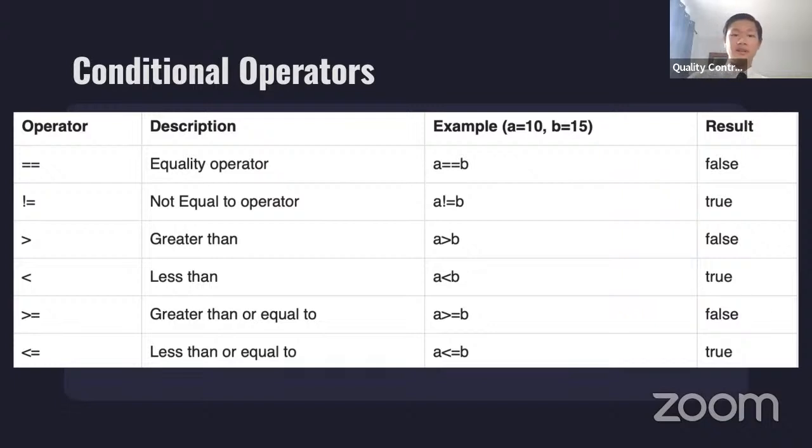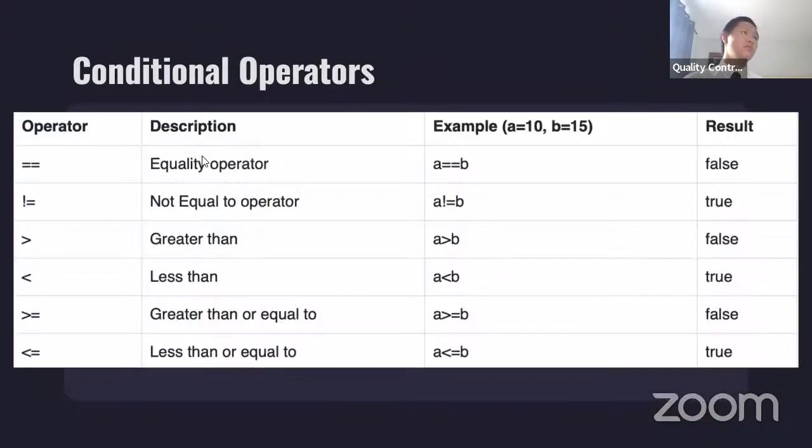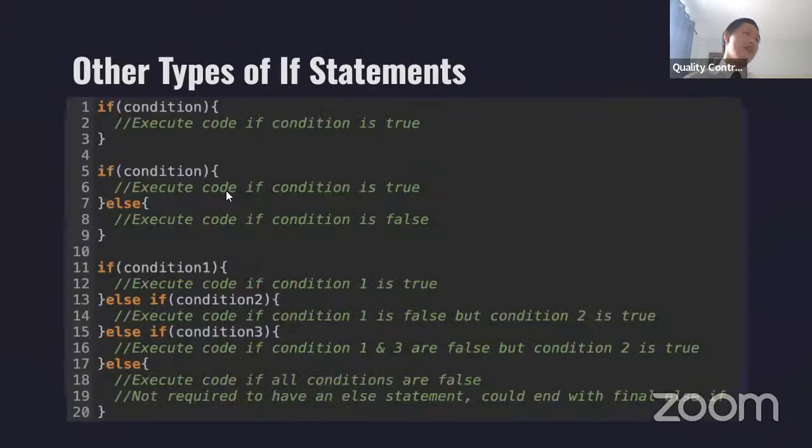So could you think of some examples where these new operators and these new types of if statements might be used, whereas you may not use a regular if statement?